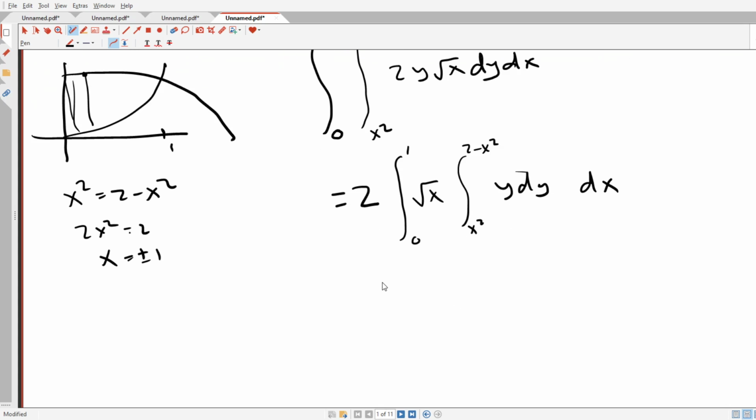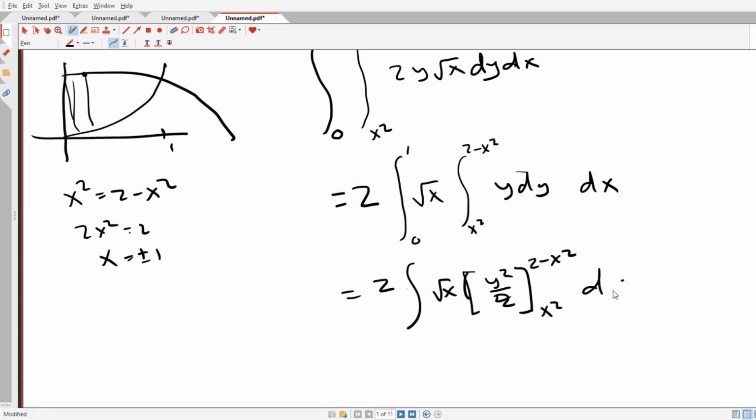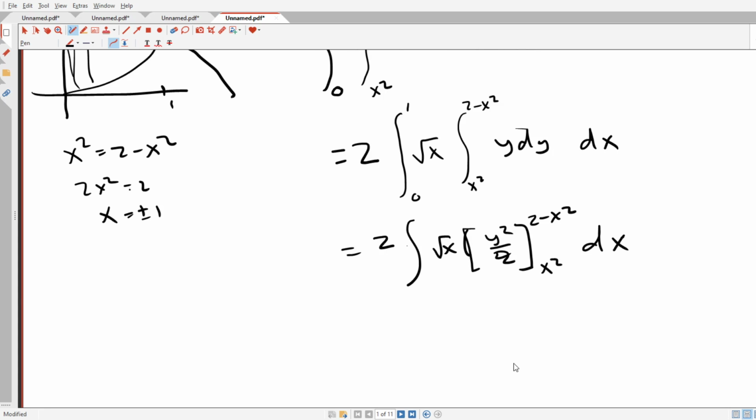So the integral of y is y squared over 2. So I have root x times y squared over 2 from x squared to 2 minus x squared, dx.